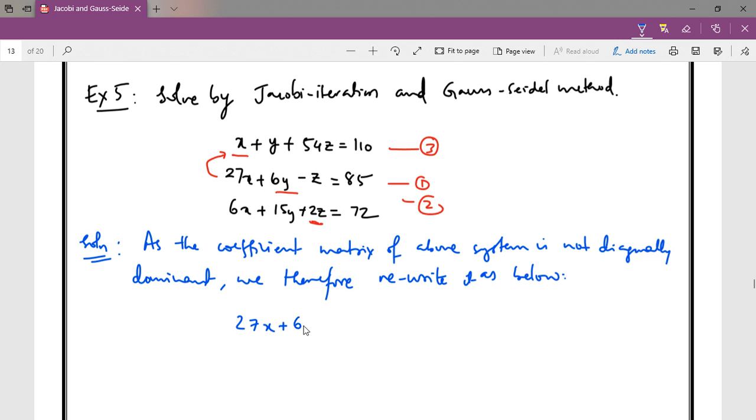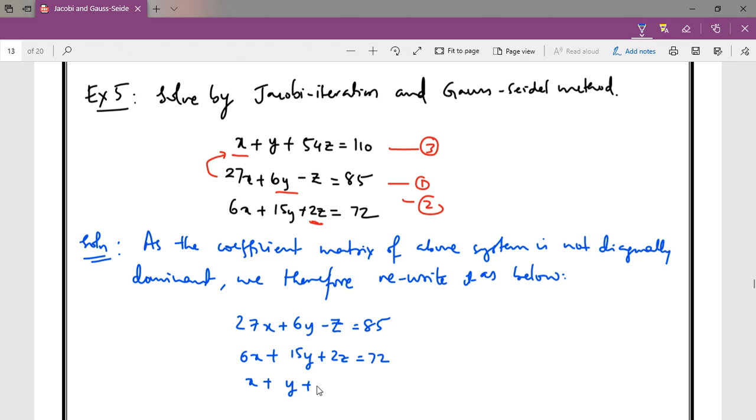So first will be 27x plus 6y minus z, which is equal to 85. The second will be 6x plus 15y plus 2z, which is equal to 72.